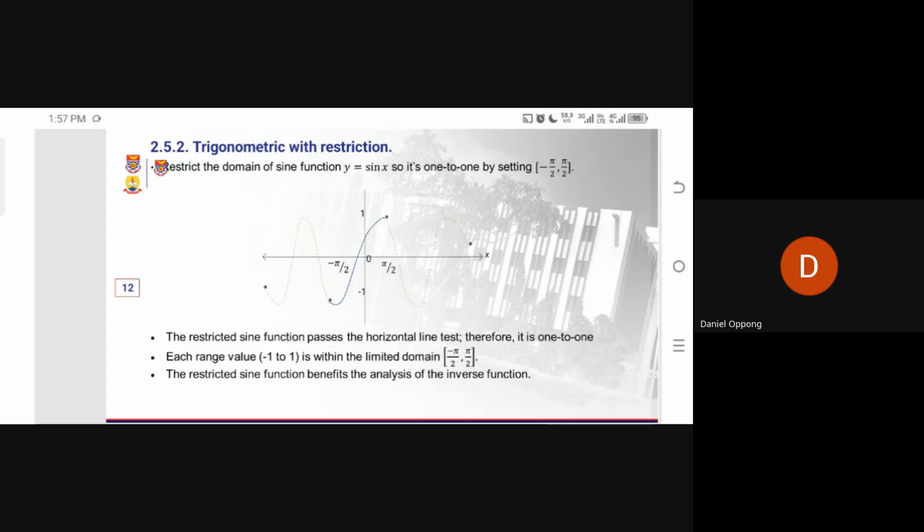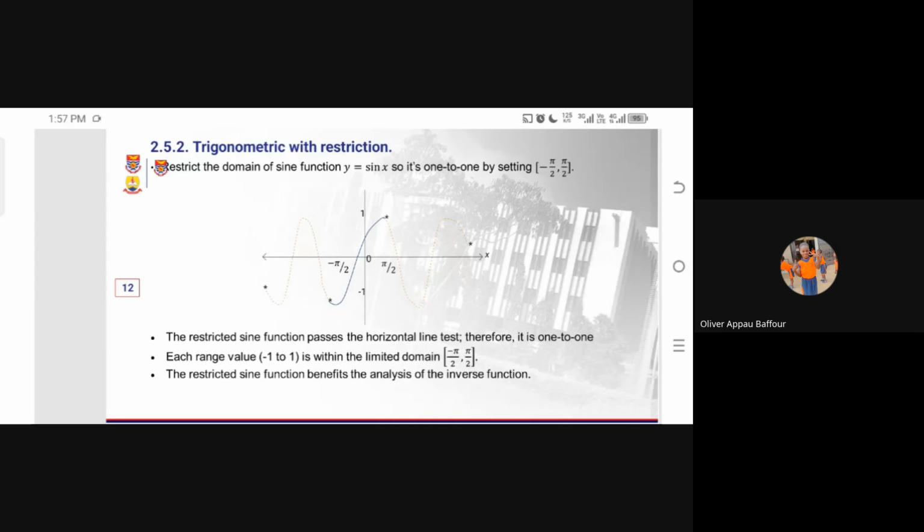When you draw the horizontal line test, will it cut only one point on the graph? Yes. Because of that restriction, it cuts only one point, and because of that it becomes one-to-one. If there are no restrictions to the trig functions, they are not one-to-one because they are periodic.